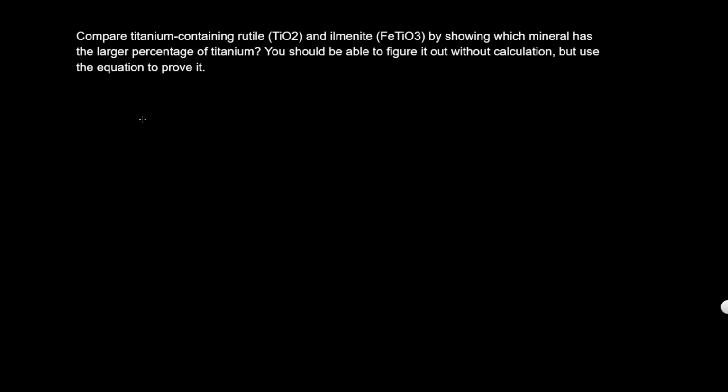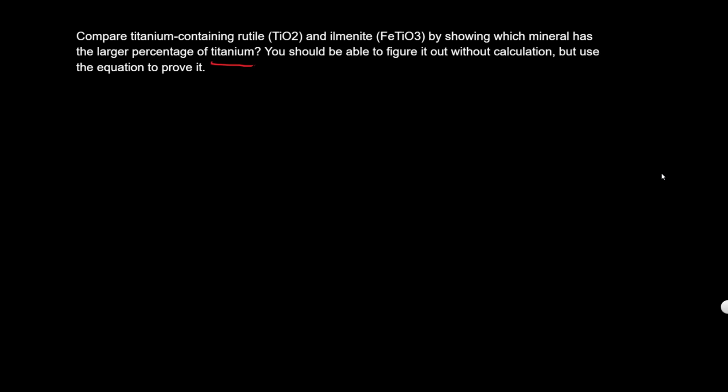We're going to compare titanium-containing rutile and ilmenite, FeTiO3, by showing which mineral has the larger percentage of titanium. It says you should be able to figure it out without calculation, but we're going to use the equation to prove which one has a higher percentage of titanium.